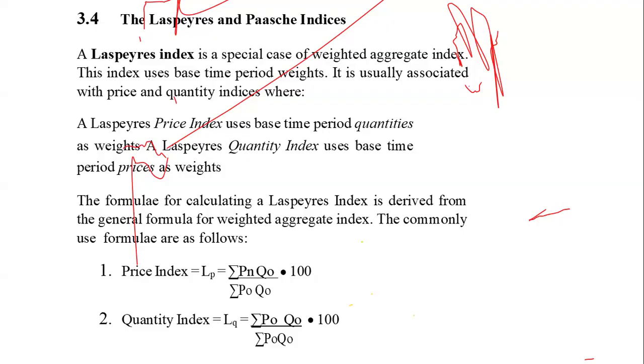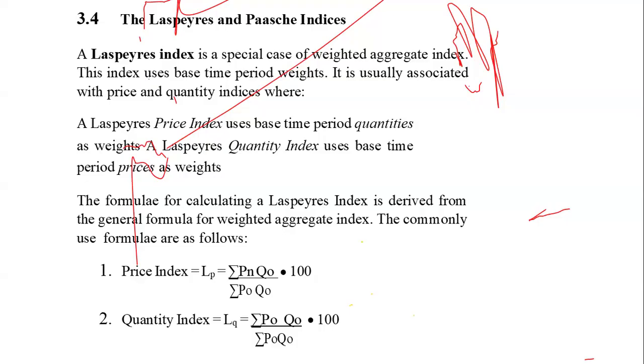I don't know if you are getting it. We are saying that it is usually associated with price and quantity indices, where a Laspeyres price index uses the base time period quantities as its weights, whereas a Laspeyres quantity index uses what?